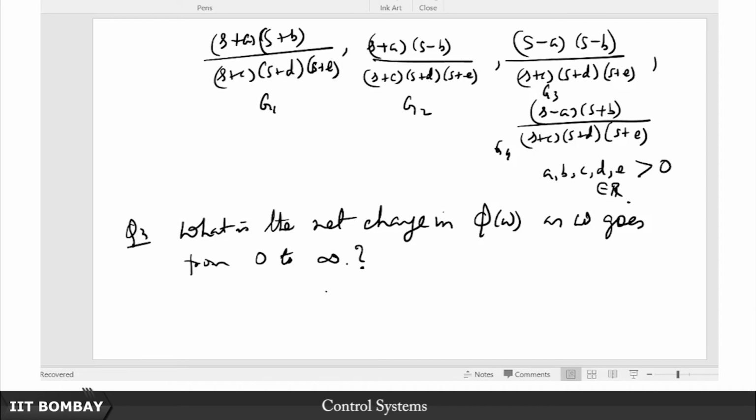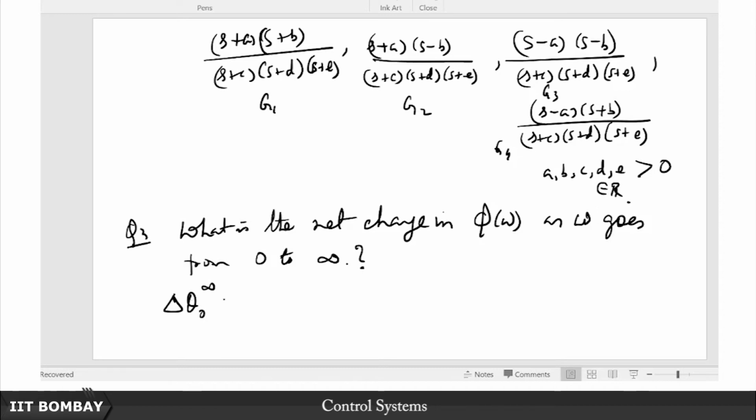Notice this is a question that we have already asked ourselves while deriving the Routh-Hurwitz criteria. This has been accompanying us for a long time. We in fact had a name for this in our nomenclature, we called it delta theta from 0 to infinity. This is the symbol by which we denoted this.